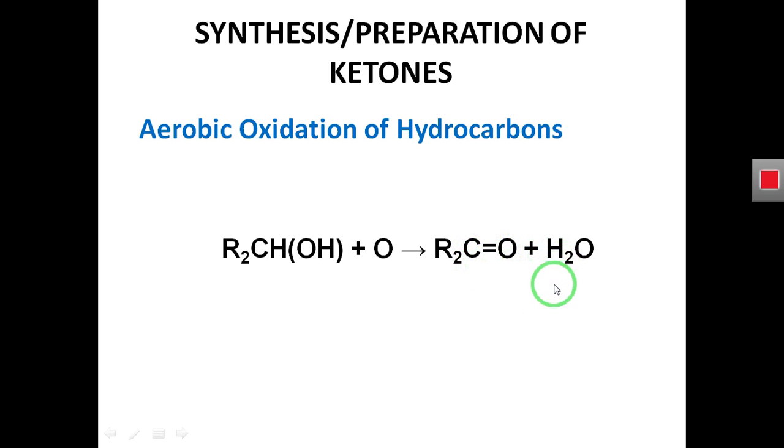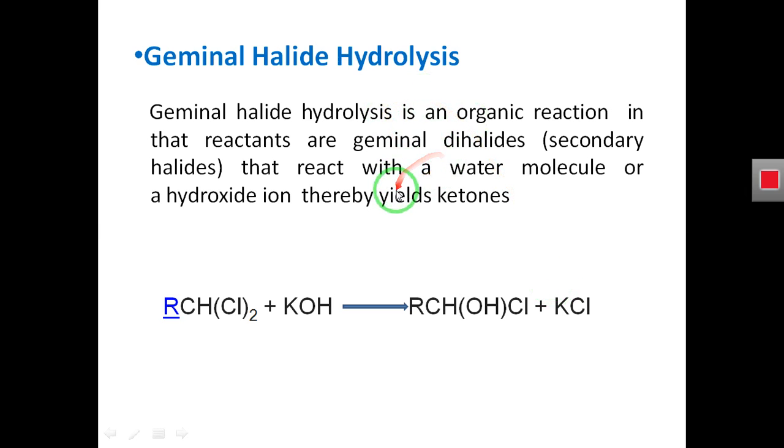Now, the second method of preparation of ketone is geminal halide hydrolysis. We can synthesize ketone by hydrolysis of geminal halides. So we have to understand what geminal halides are. Geminal halides are molecules having two similar halide atoms attached to the same atom.